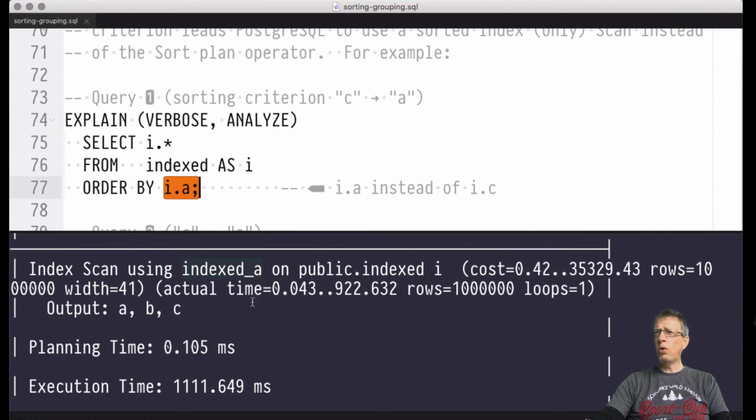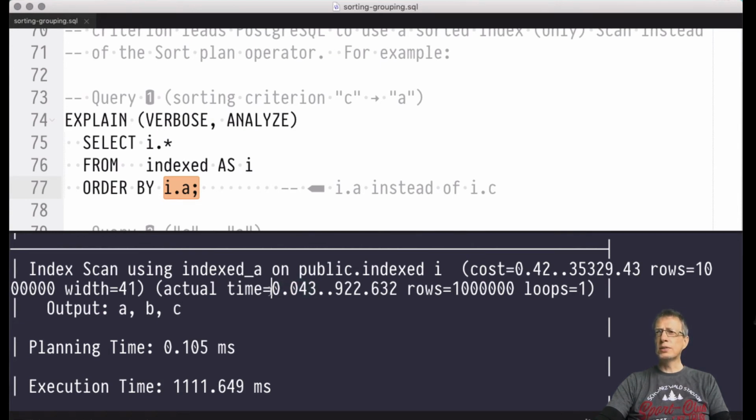What you will also see, if you have a look at this actual time output here, and if you recall that this first time here is the time that we have to wait until the first row of the result can be seen, then it's a completely different situation compared to the explicit sort.